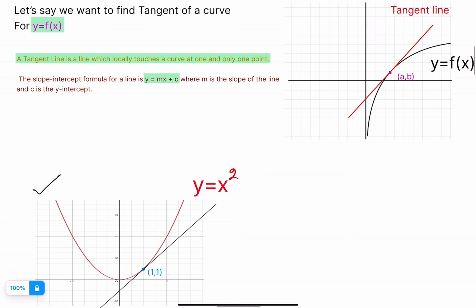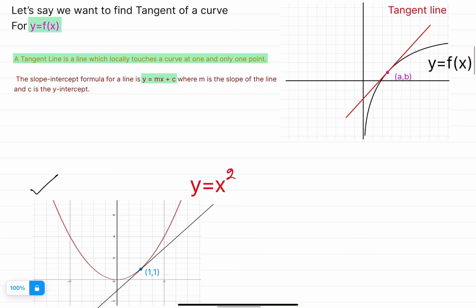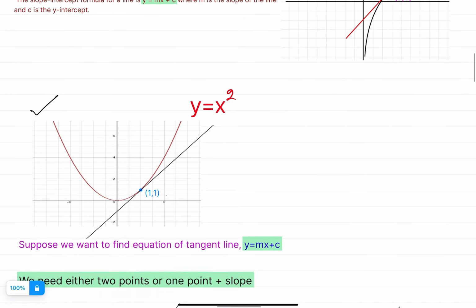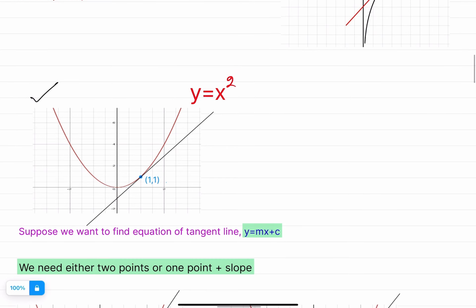And let's suppose you want to find equation of tangent line. This is a tangent line because it only touches the curve at one point. But we know to find equation of tangent line, we will need 2 points or 1 point and a slope.